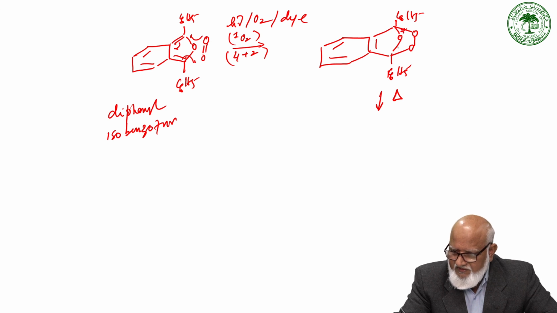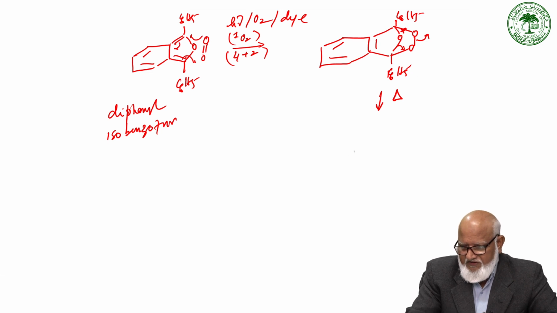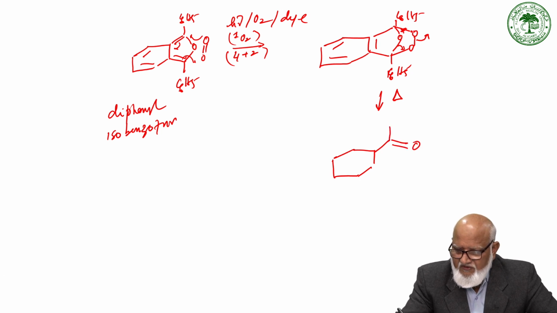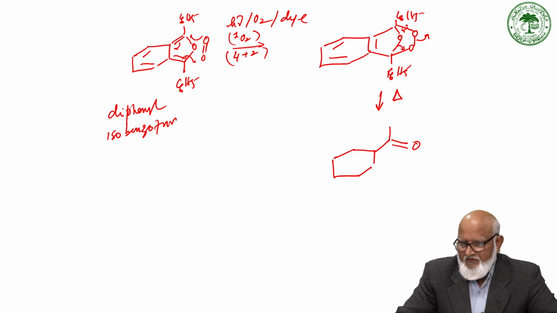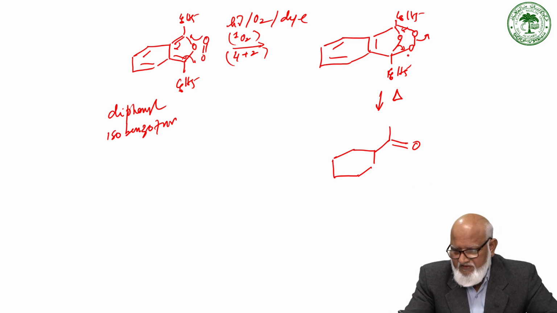It becomes a double bond here, this becomes a double bond here, so there is a cleavage and formation of double bonds, and the oxygen goes out.